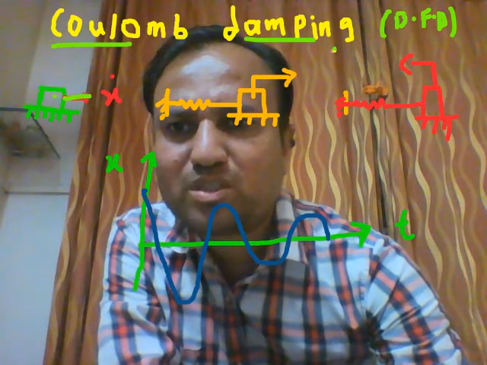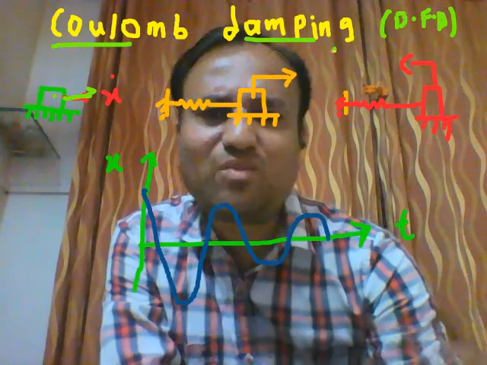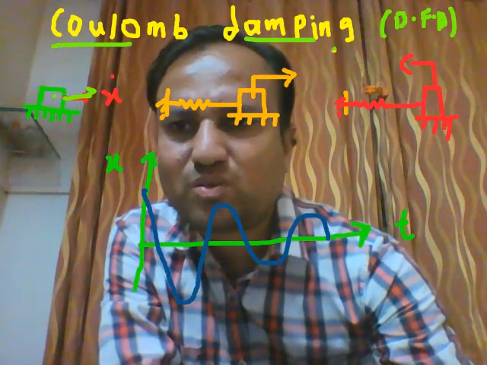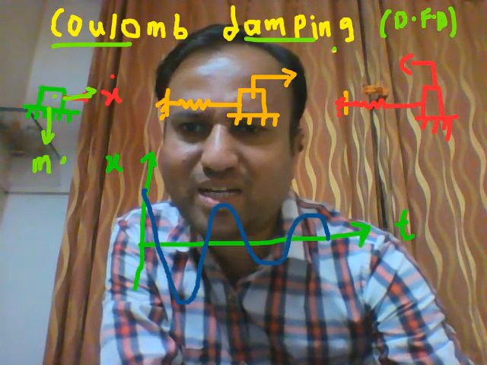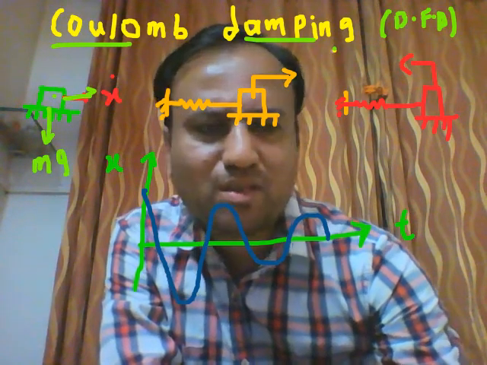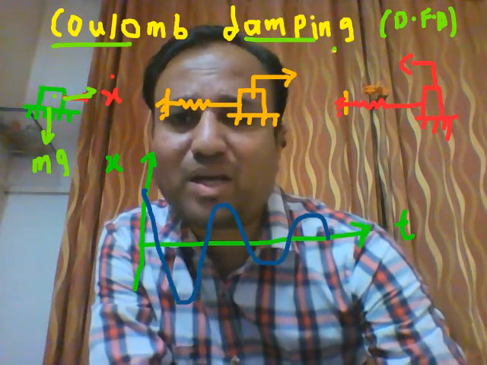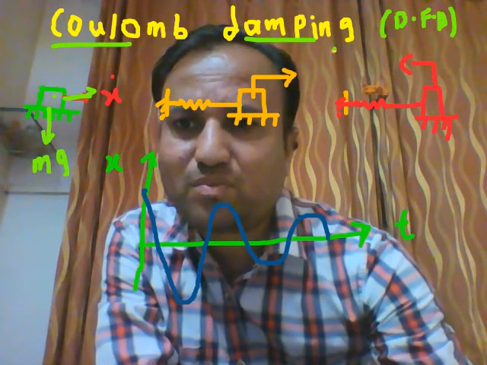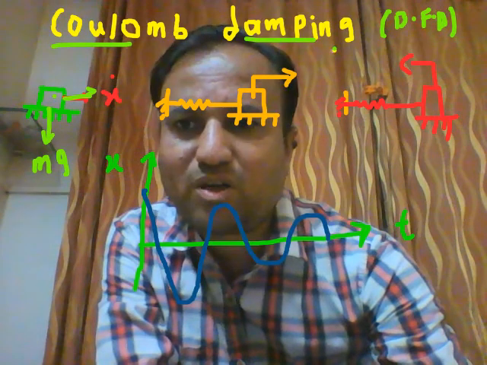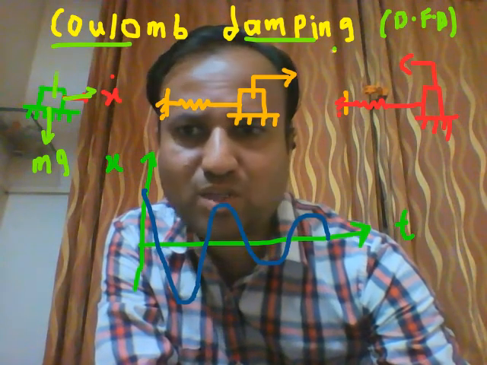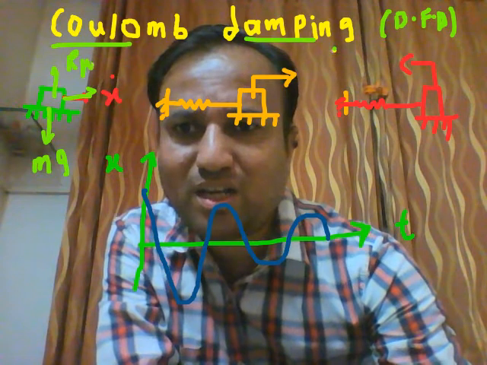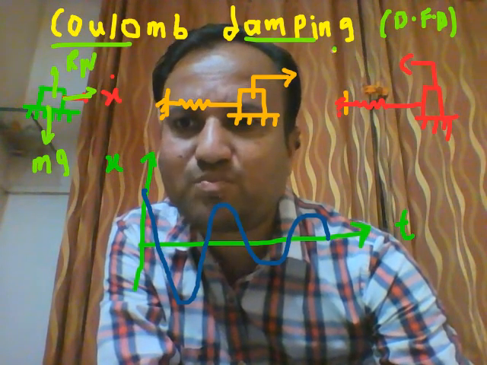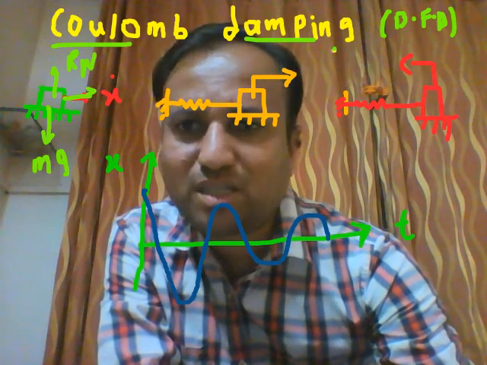Suppose it moves in a rightward direction, so having mass m, mg vertically downward. I am analyzing the various forces as per theory of friction. Let Rn be the normal reaction, and let mu be the coefficient of friction between block and surface.